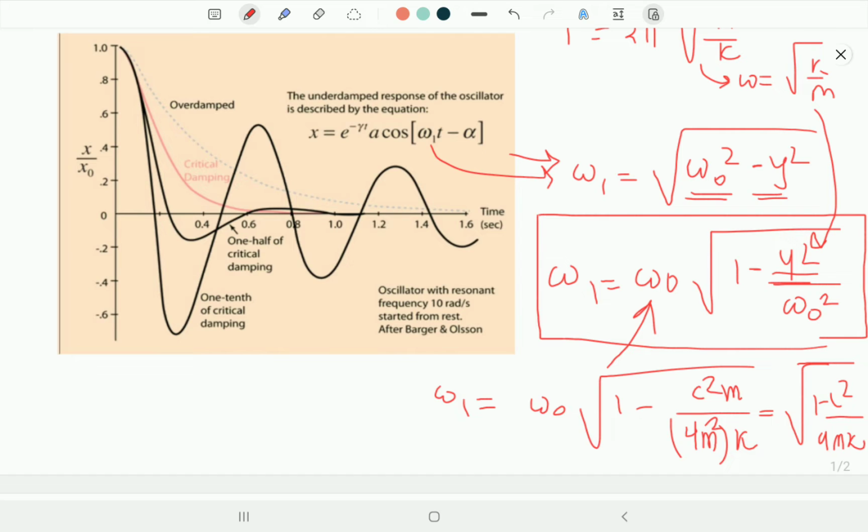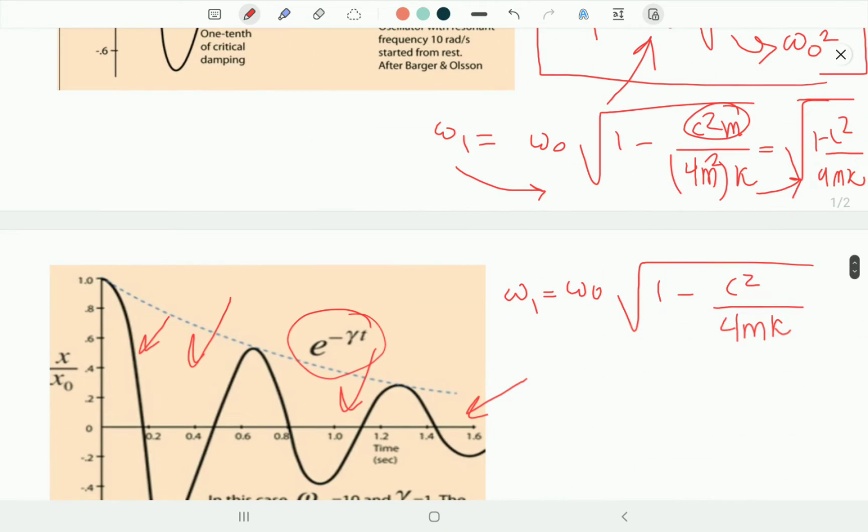Omega naught here is the frequency of the system without any damping force. So we take omega naught out as common, and 1 minus gamma square by omega naught square. Now here omega 1 can be written with 1 minus c square by 4 m square, and we simplify it to omega 1 equal to omega naught times the square root of 1 minus c square by 4mk.